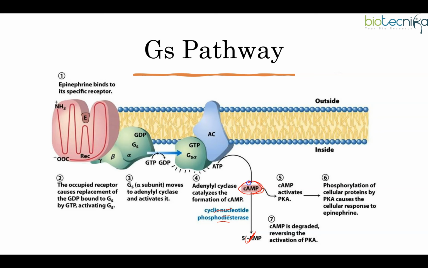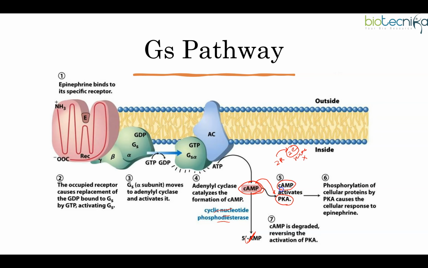Now why is cAMP important? First of all, before dissociation, it will create the signal transduction. So cAMP further goes on to activate another protein which is called PKA. PKA has two regulatory subunits and two catalytic subunits. The regulatory subunits bind the catalytic subunits, because of which kinase activity is inactive in inactive PKA.